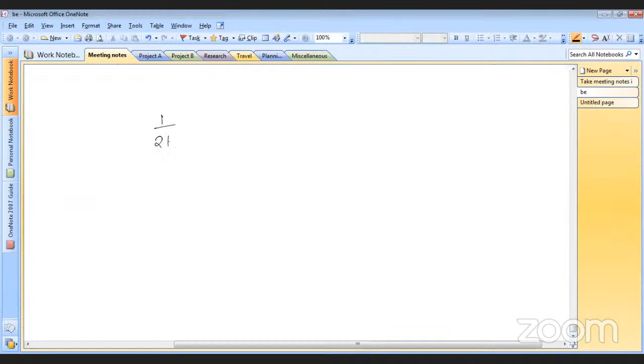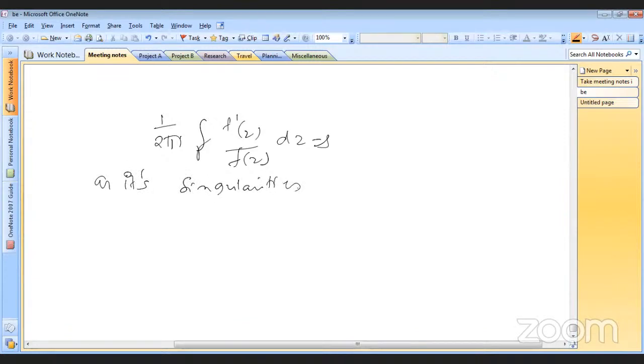So 1 by 2 pi i, the integral of f dash z by f of z dz, by the residue theorem is the sum of the residues of f dash by f at its singularities that lie inside gamma.